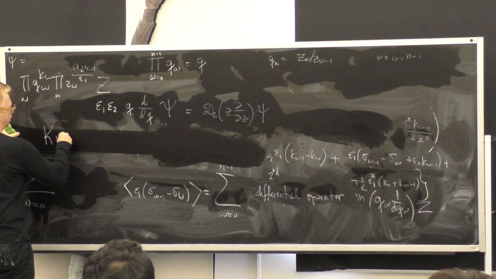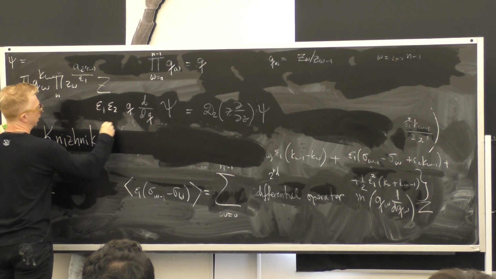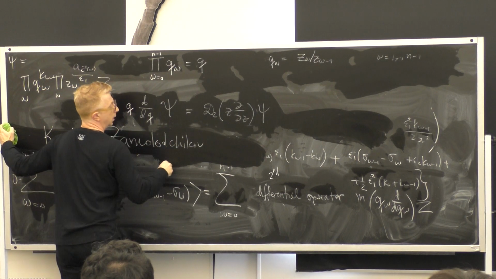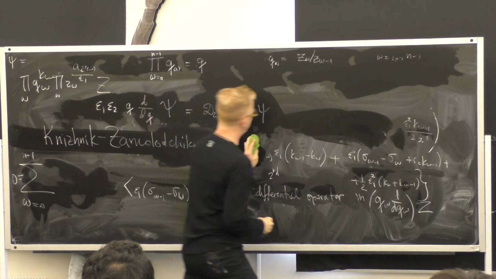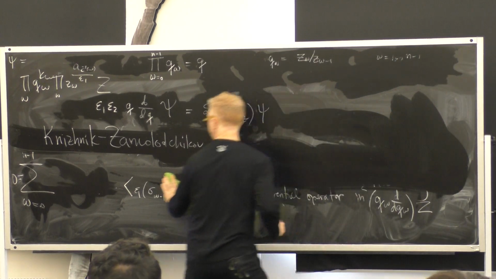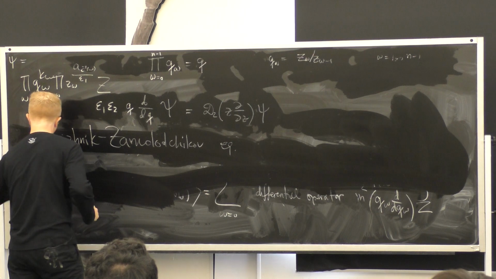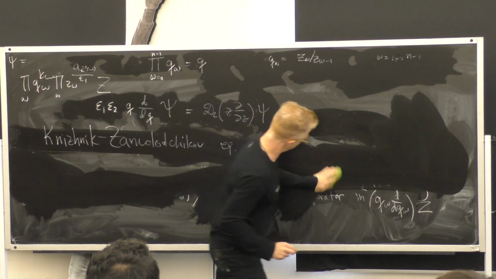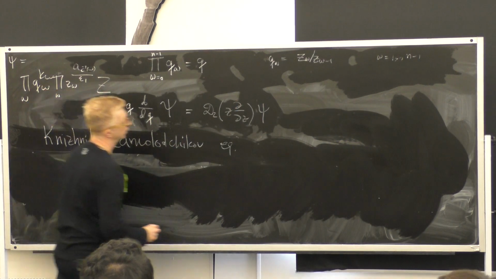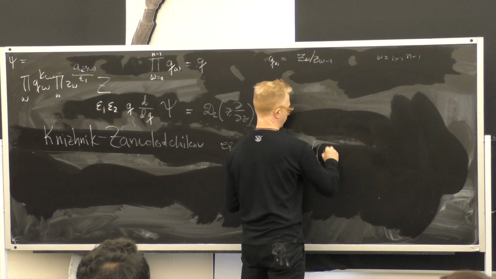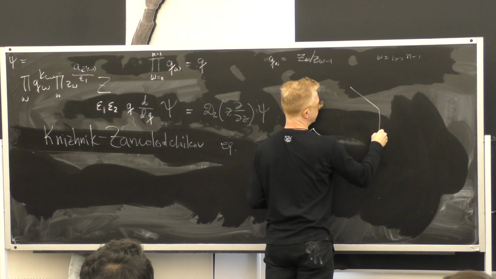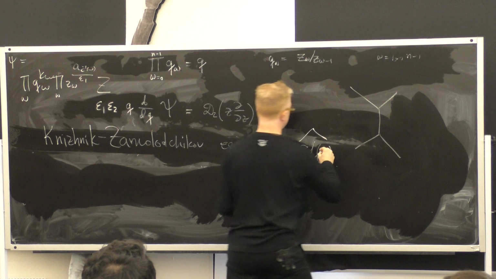So it's the Knizhnik-Zamolodchikov equation, which is obeyed by the conformal block of the current algebra. The current algebra in question being the SLN current algebra, for the 4-point conformal block on a sphere.